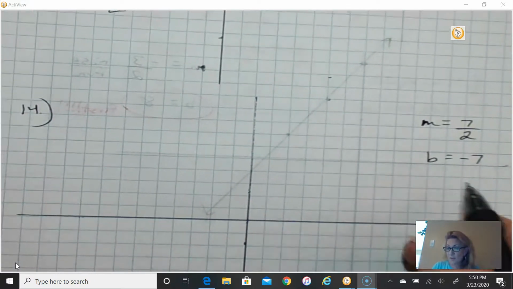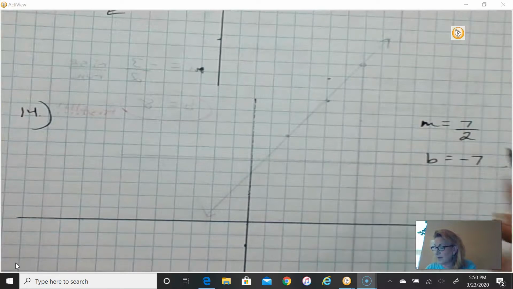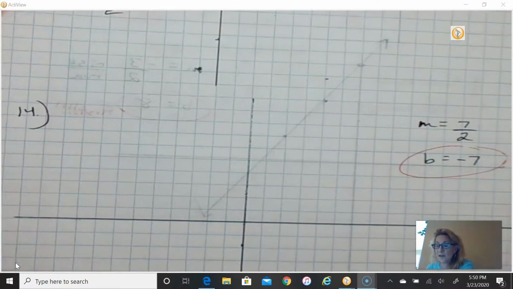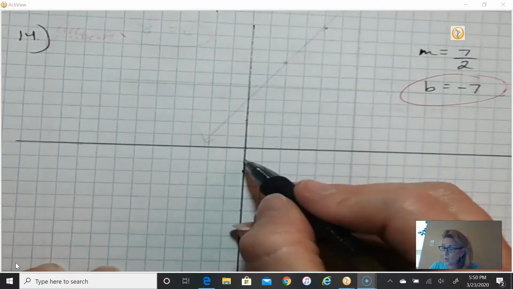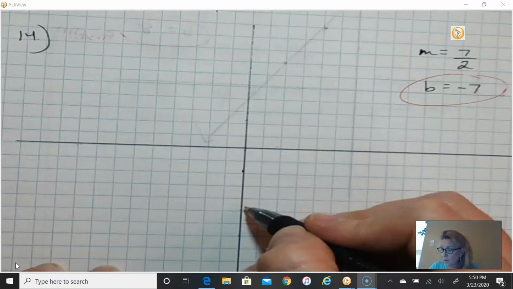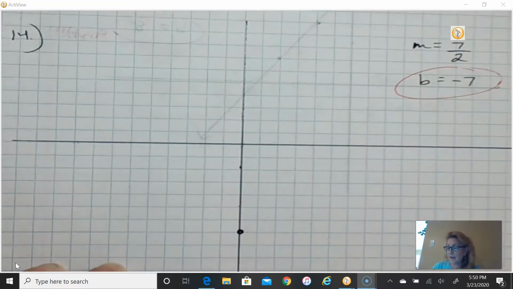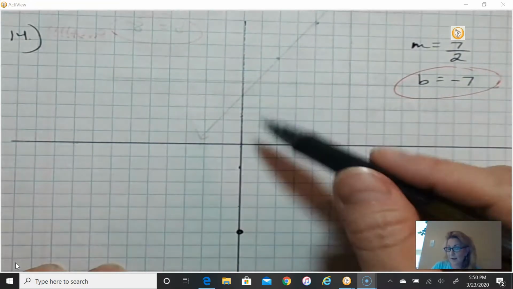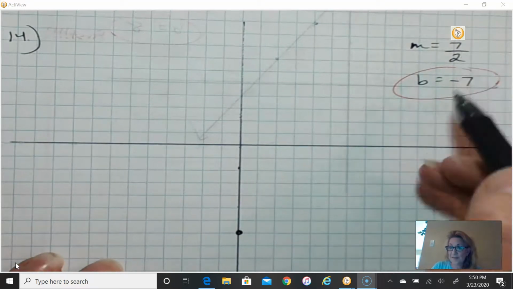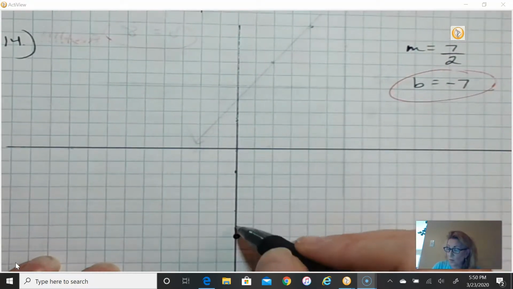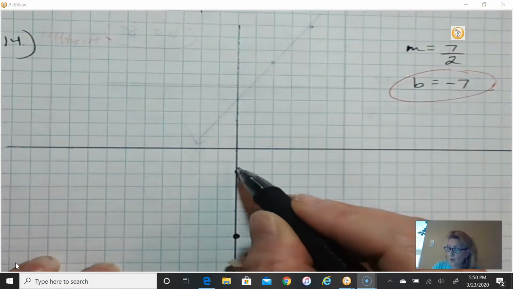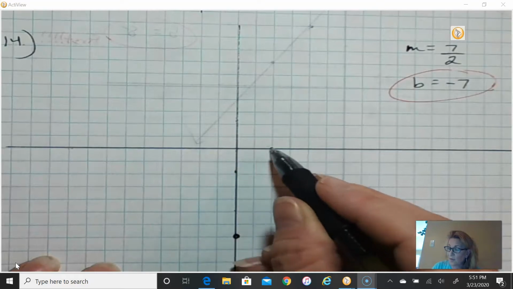So we go down. If your y-intercept is -7, remember that's the first thing you do. -7, 1, 2, 3, 4, 5, 6, 7. Put your first dot. And it's on the y-axis. And then your slope is 7 over 2. It's positive. So 1, 2, 3, 4, 5, 6, 7, and then over 2.